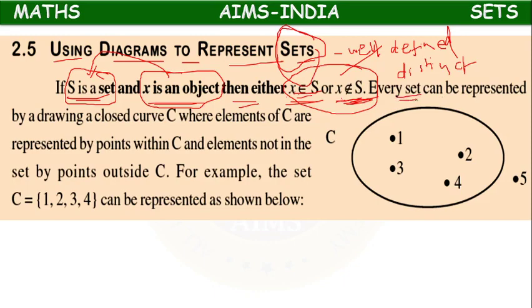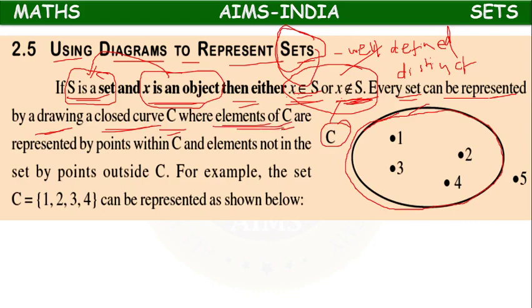Every set can be represented by drawing a closed curve C. Like this, this is a set. This closed curve, whose symbol is C, can be considered as a set.